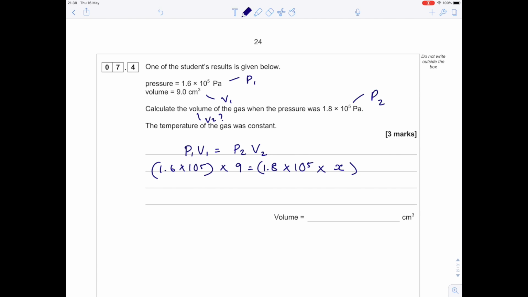When you've done 1.6 times 10 to the 5 times 9, you get 1.44 times 10 to the 6 equals 1.8 times 10 to the 5x. So to get x by itself, you divide both sides by 1.8 times 10 to the 5 to get x equals 8.